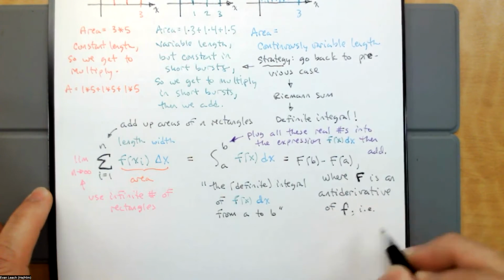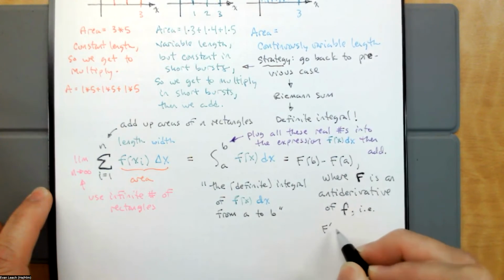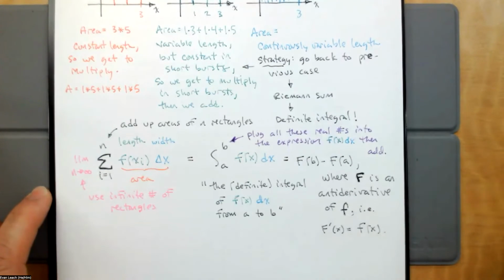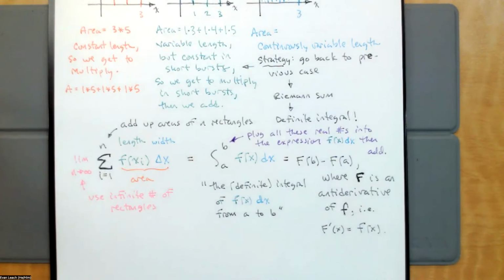So that is capital F prime of x is equal to little f of x. Any questions?